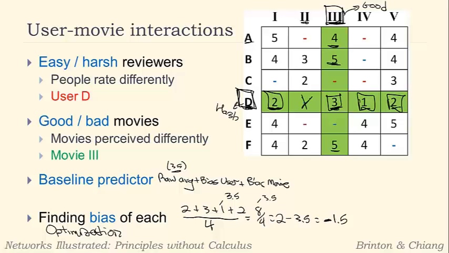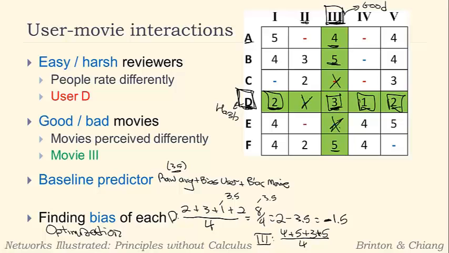And now let's try the good movie, movie 3. We take the average of the values again. So we add up 4 plus 5 plus 3 plus 5, and there are 4 of those values. This one we don't have, because it's in the test set, so we don't use it.